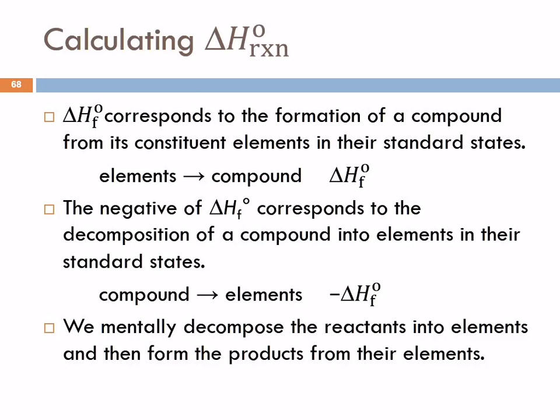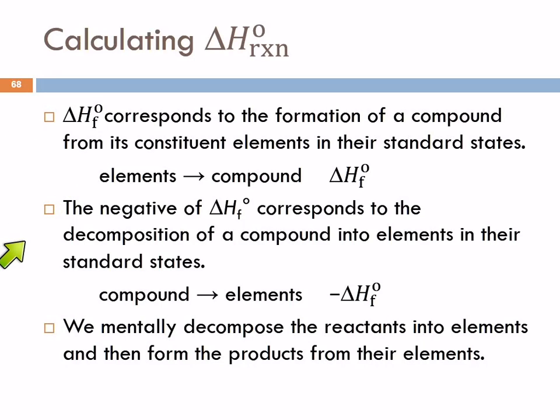So the heat of formation is making a compound from the elements in their standard states. Now that is not necessarily how you would actually go about making the compound. In fact, it probably is not. But that sort of information has been tabulated and is useful.